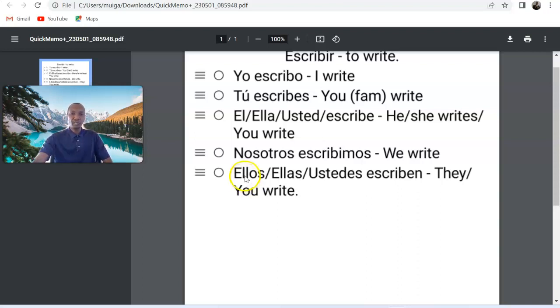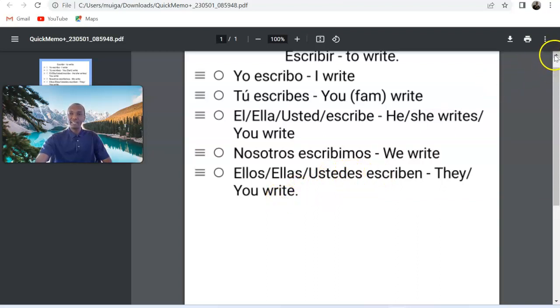So ellos escriben, they write. Ellas would be females, they, ladies, escriben, they write. And ustedes, remember, is the plural of usted. Yes, in Spanish, you do have a plural of you. So ustedes escriben. Again, just to recap, ellos, they write, ellas, they write, and ustedes, you write.